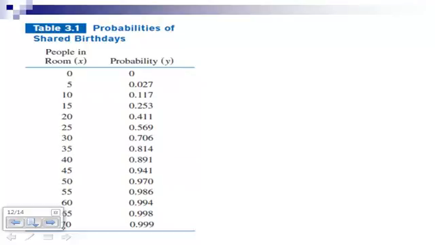But that's not the reason why I'm bringing the problem up. The reason I bring this problem up is because I want to look at this in terms of slopes. I want to say that this is x and this is f of x.